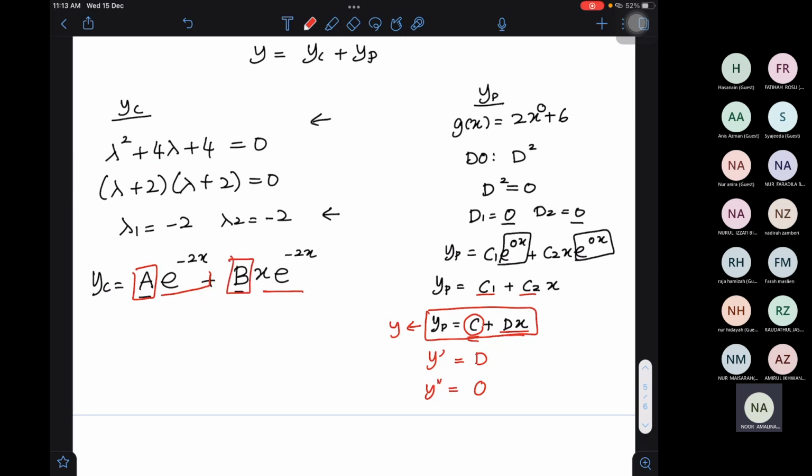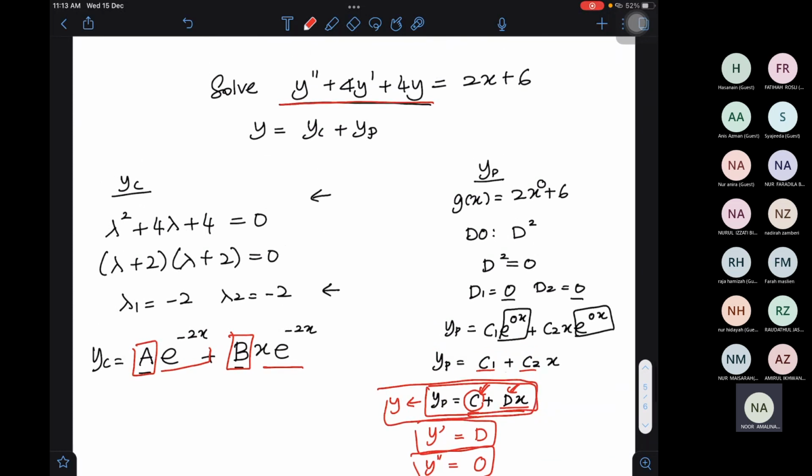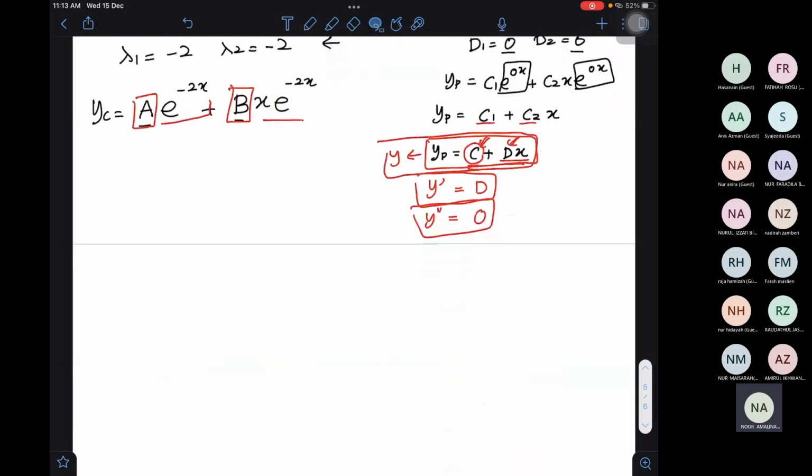So now macam mana nak cari nilai C, nilai D? Masukkan sahaja Y double prime, Y prime dan Y ini ke dalam differential equation. Metodologi dia sama macam kita buat sebelum ni.